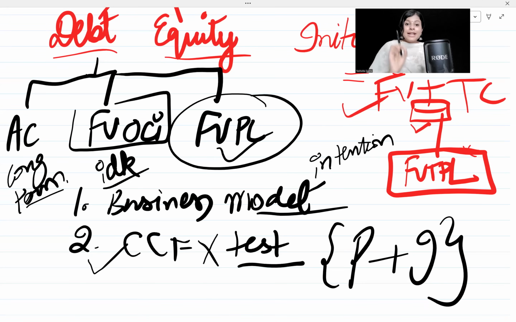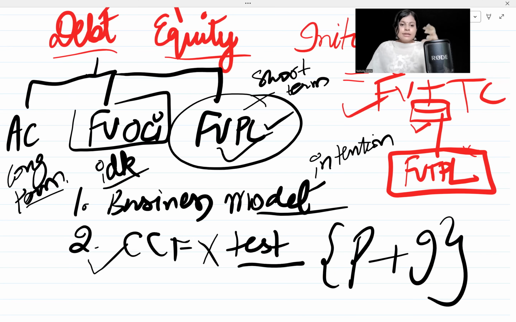And if your intention is short term, casual, then for sure you're going to keep it under fair value through P&L. So these are the two tests based on which I decide whether to choose amortized cost, fair value through OCI, or fair value through P&L in case of debt instruments. I hope we are clear.